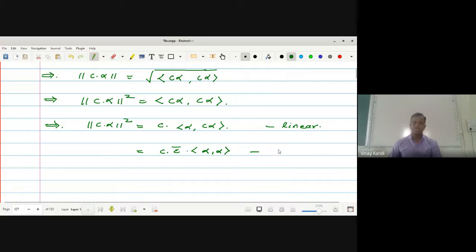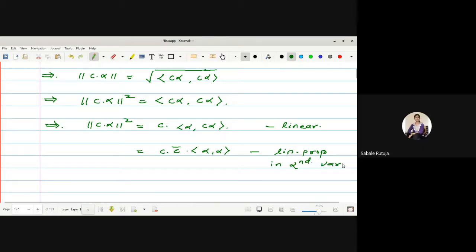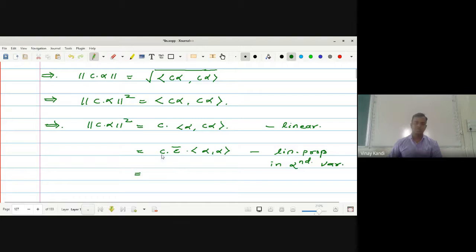Which property? Linearity property in the second variable. Is it correct? Yes, sir. Which is equal to c into c bar, mod c squared, into the inner product of alpha with alpha.